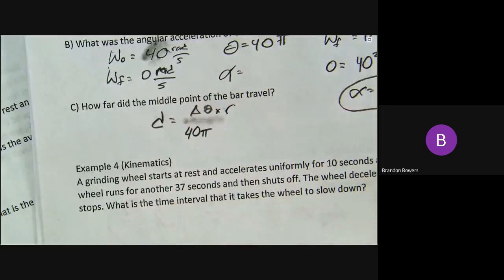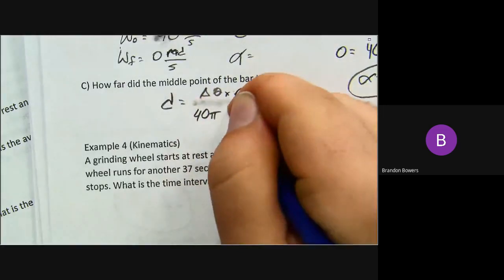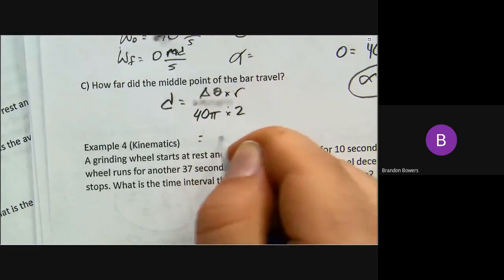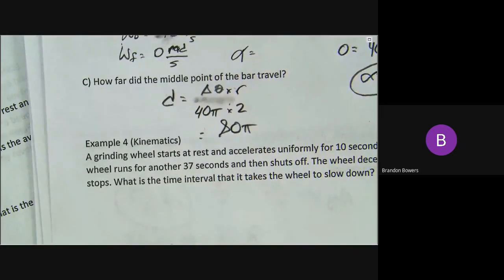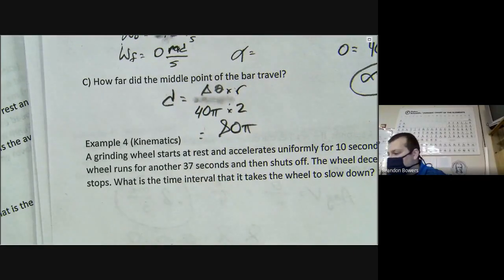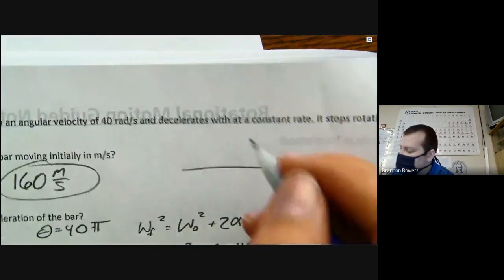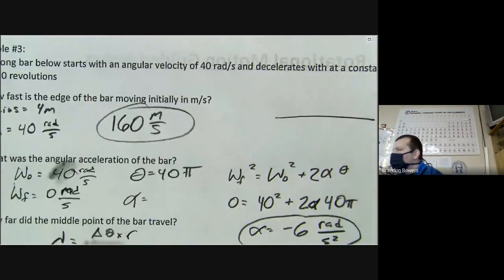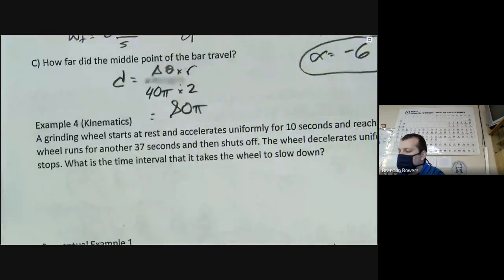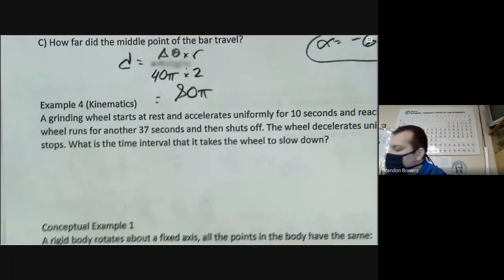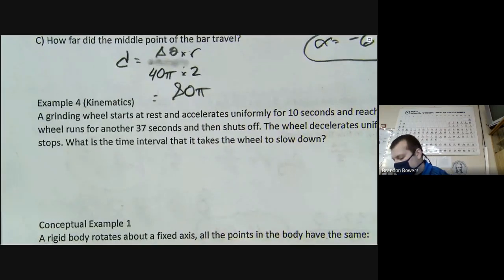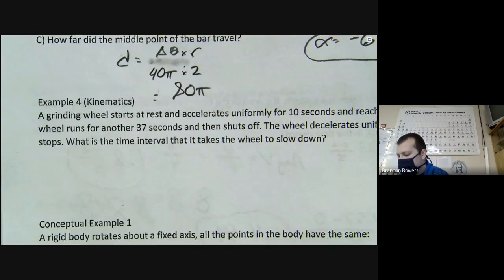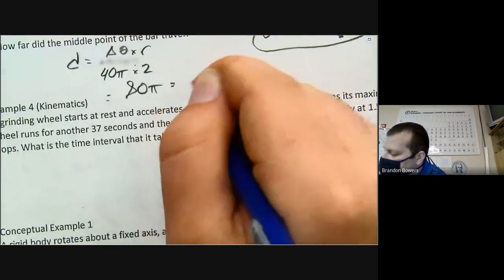The radius is 2, since it's the middle point, so the distance would be 80 pi, about 251 meters.